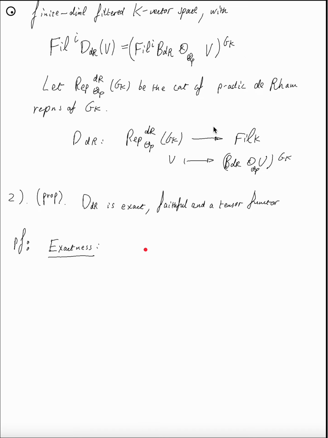Notice that this is a field, right? So this tensor is exact, there's no problem.